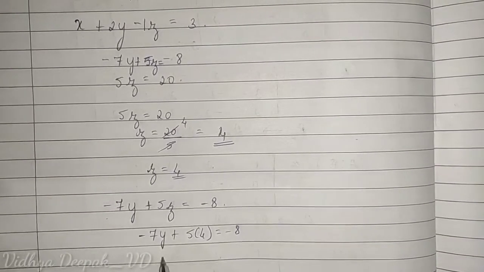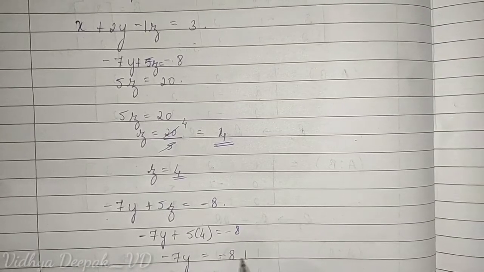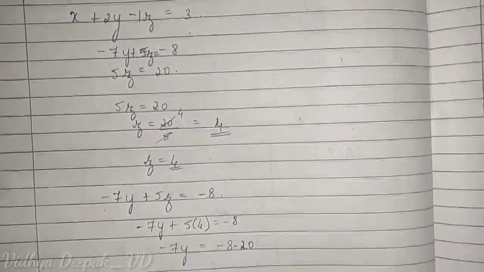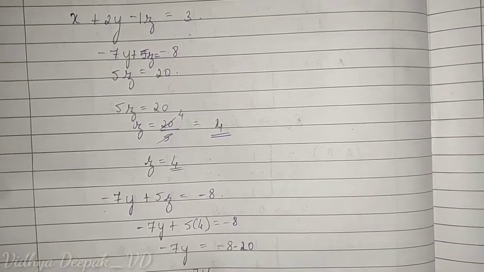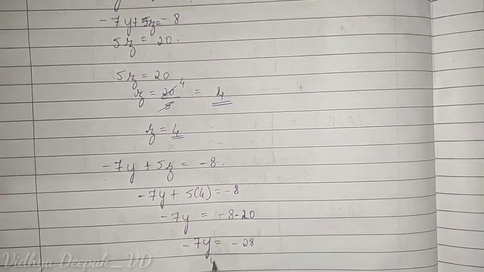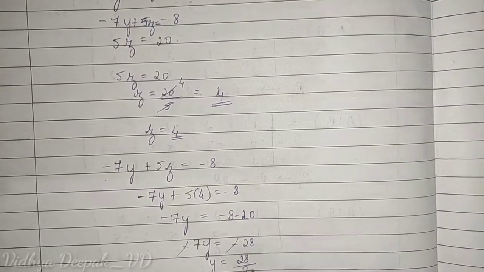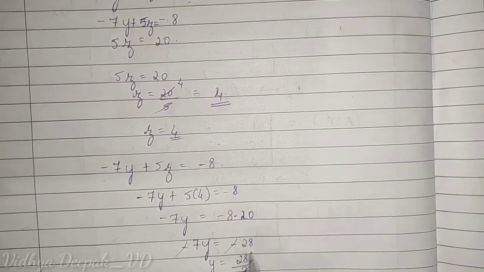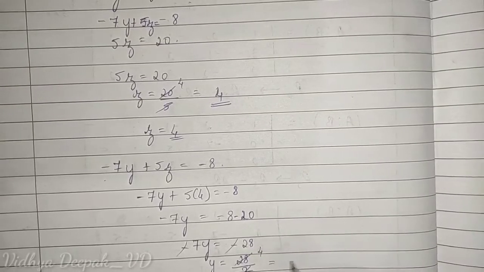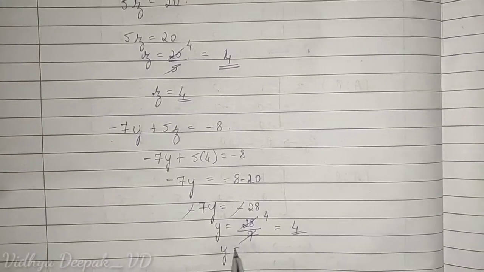What do you get? Minus 7y is equal to minus 8 minus 20. So minus 7y is equal to minus 28. y is equal to, this minus minus gets cancelled, 28 divided by 7. 7 ones are 7, 7 fours are 28, it is 4. So y is also equal to 4.